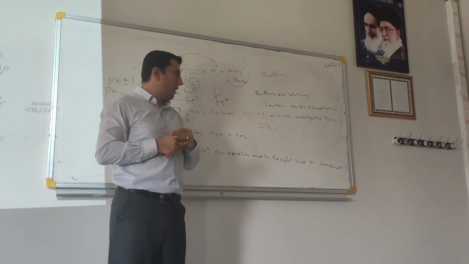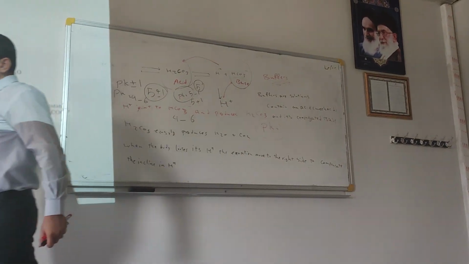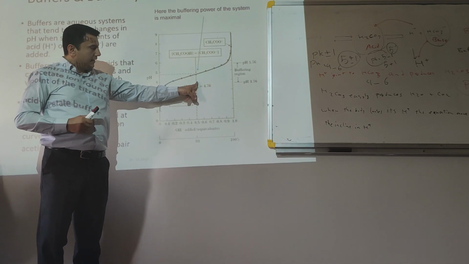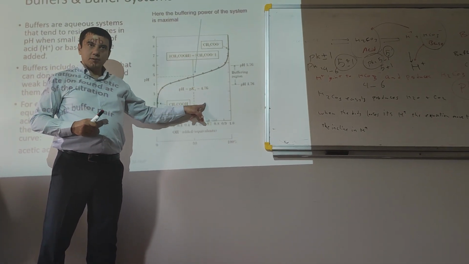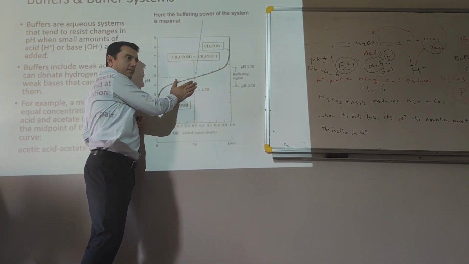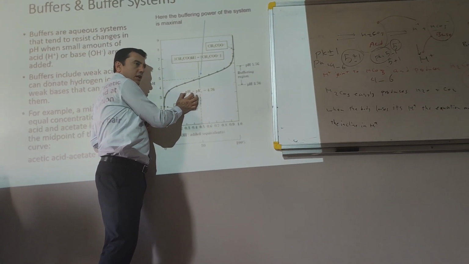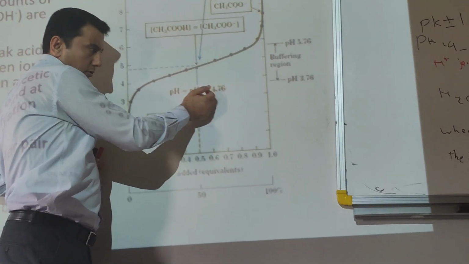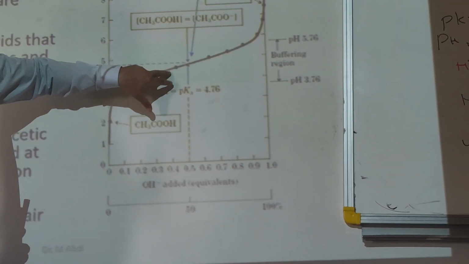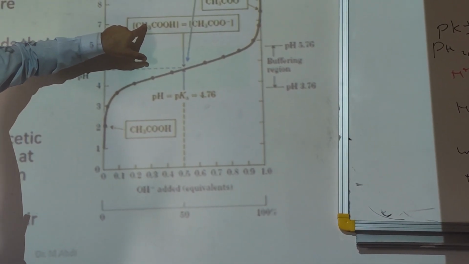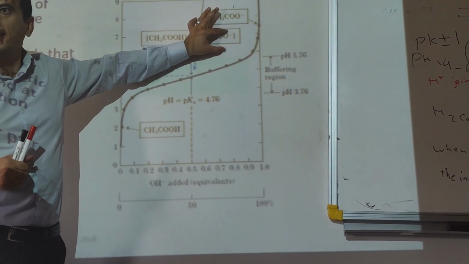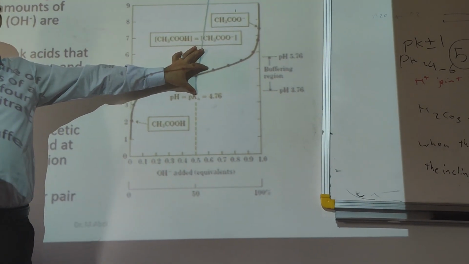As you can see in this slide, at the center of this diagram, the pH is equal to pK, or 4.76, and the concentration of acid and base is equal to each other.